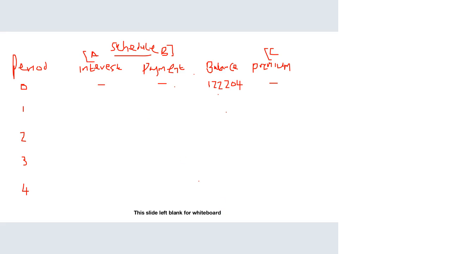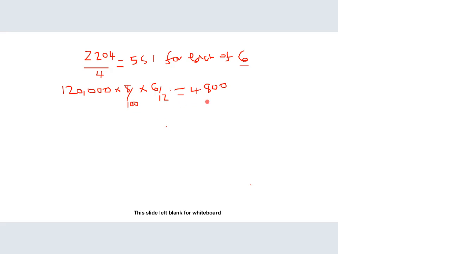So initially, maybe I can show you, we had got the amount of the premium. We have amortized it for each of the 6 month period as 551. So that premium will be paid. It will be equal for the 4 periods.